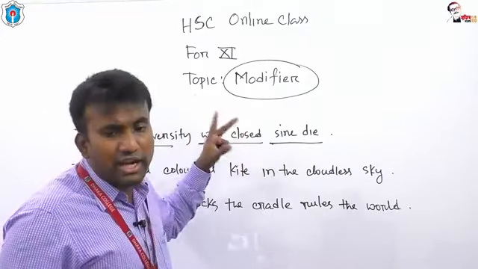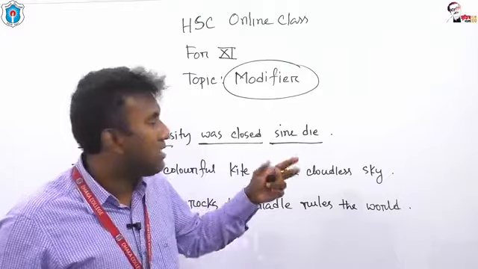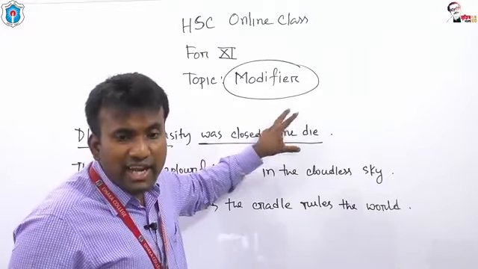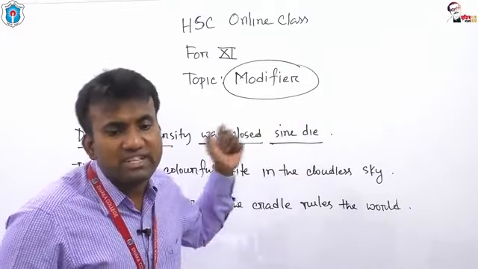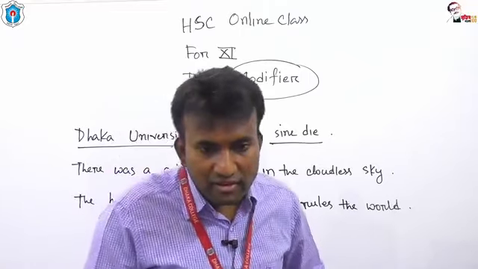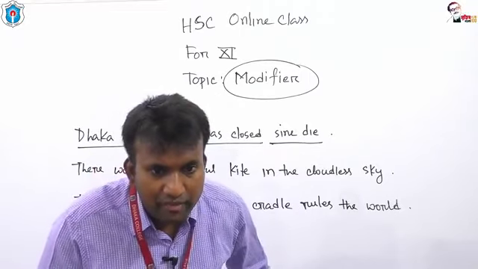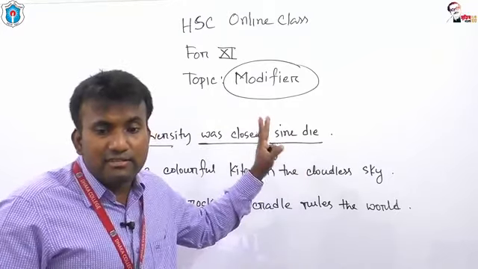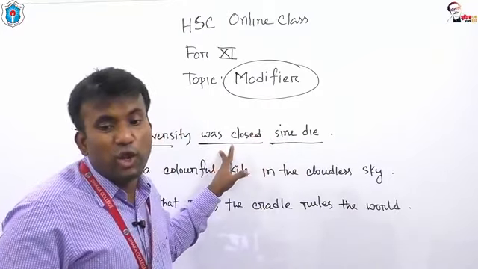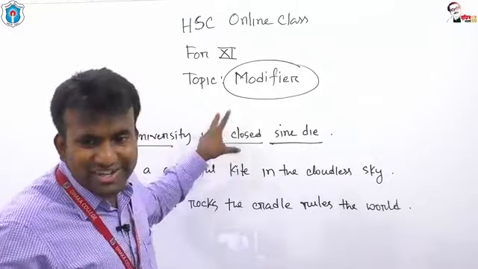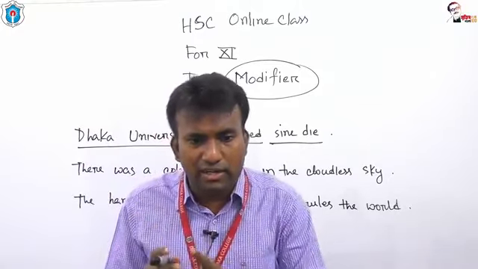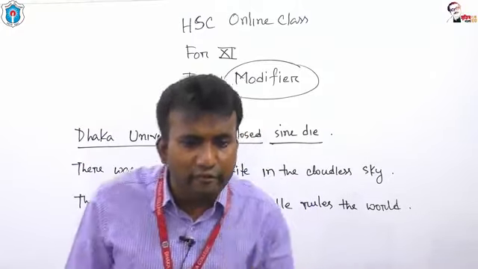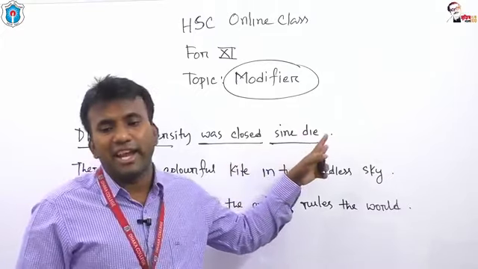This structure is modified by what? That is, sine die influences which part of this sentence? Tell me. Thank you, Nafis Islam. According to Nafis Islam, sine die modifies was closed. So, was closed is such a part which is influenced by sine die.